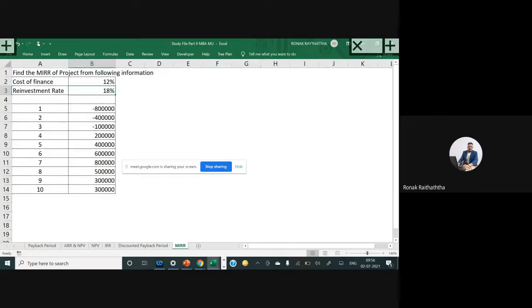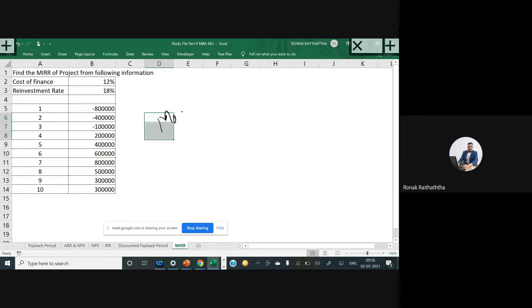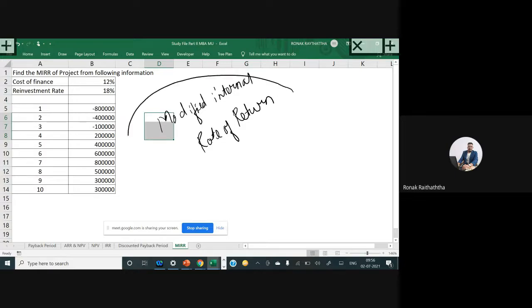Now, what is the requirement of MIRR? What does this MIRR stand for? MIRR stands for modified internal rate of return. Now, sir, what is this modified internal rate of return?